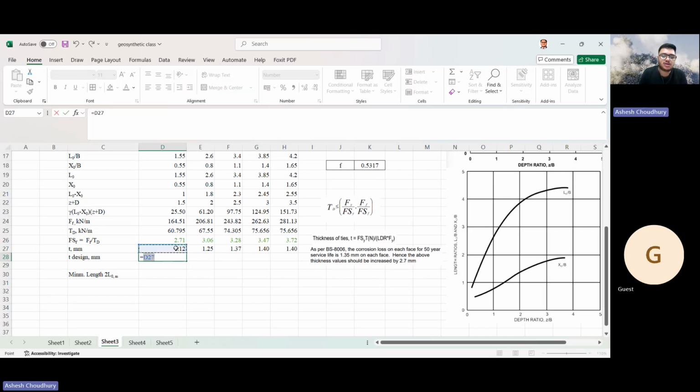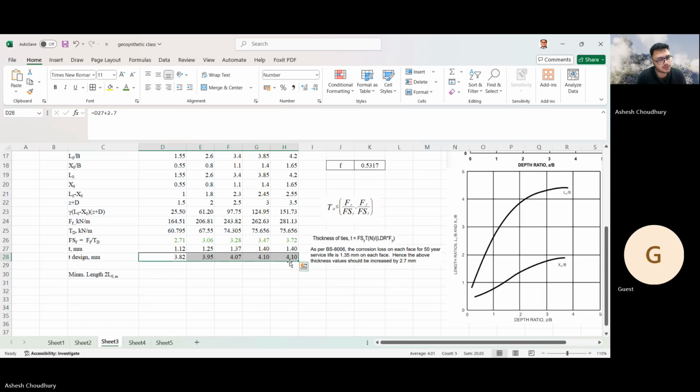So we'll increase this thickness value by 2.7. So what is my design thickness? These are my design thicknesses. So we got the design thickness of the reinforcement ties that you are going to use.